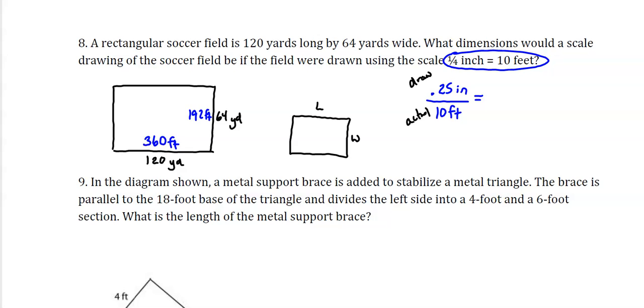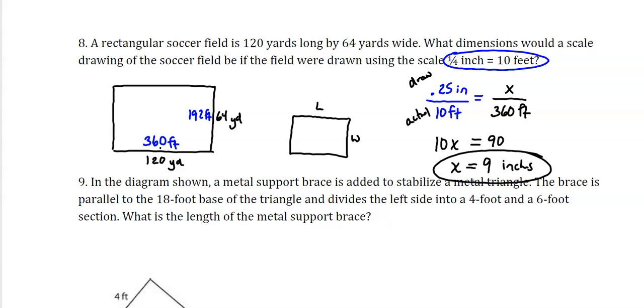So how many inches is my drawing going to be if I'm 360 in real life? Now we just got to cross multiply. 10x equals a quarter of 360 is 90. So x equals 9 inches.